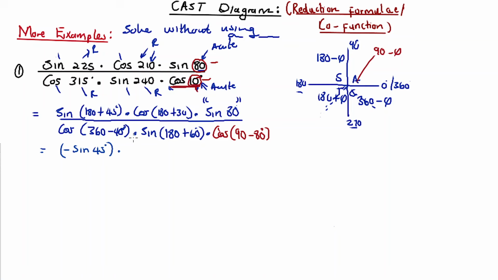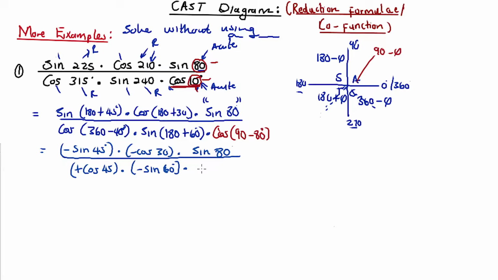Bracket, 180 plus 30, cos is negative, so it's negative cos 30 degrees multiplied by, this doesn't change, remains as is, divided by cos 360 minus 45, so it's a plus cos 45 degrees multiplied by sine 180 plus 60, in the third quadrant sine is negative, so it's negative sine 60 multiplied by cos 90 minus 80.